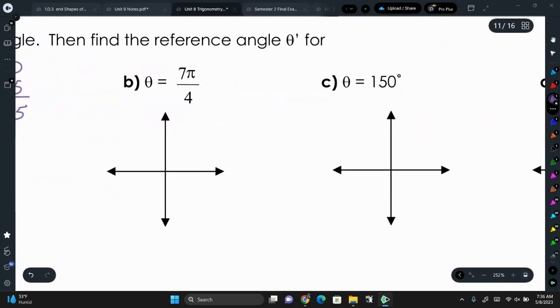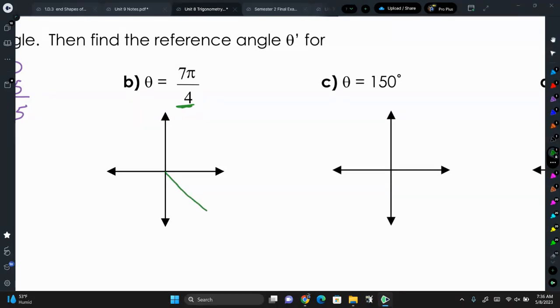Now 7 pi over 4 is almost 2 pi, which is almost a full circle. Since the denominator is 4, we know that goes with 45 degrees, a multiple of 45 degrees. And it is in quadrant number 4. So this will be your angle.